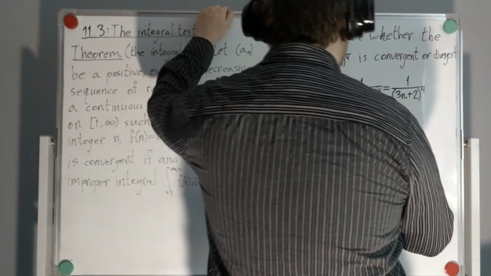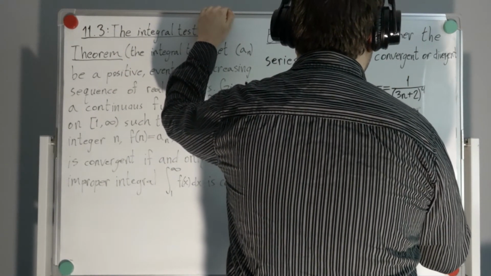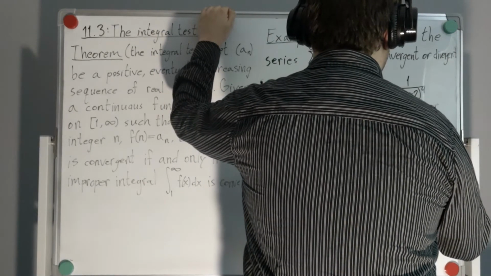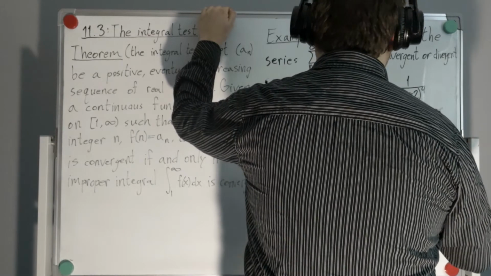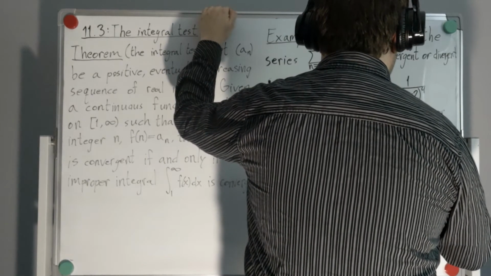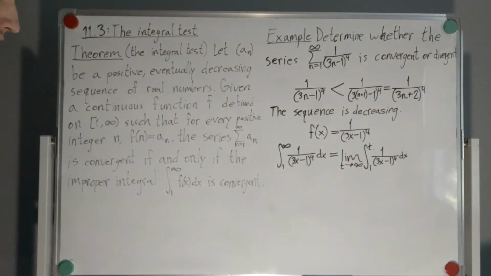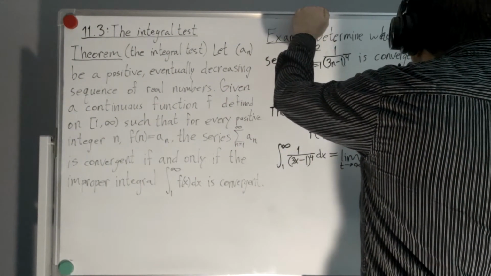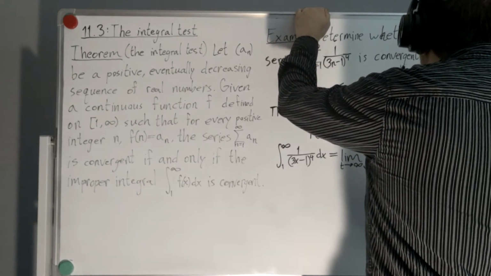And by definition, this is just the limit as t approaches infinity of the integral from 1 to t of 1 divided by (3x minus 1) raised to the fourth power. So this is another u substitution. It seems like that integral technique is just our best friend today. Yeah, this is another u substitution.